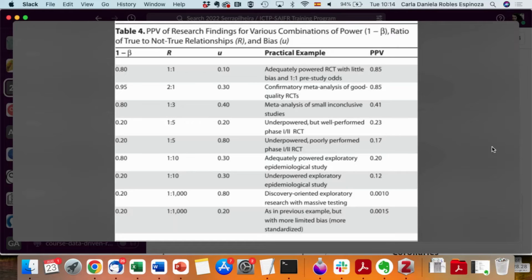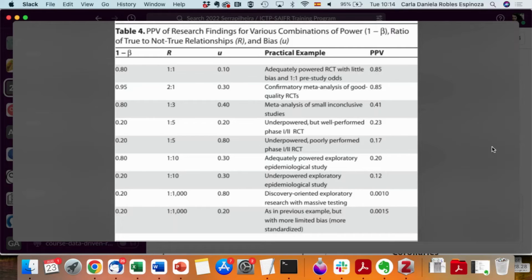In the case of the first one, it's a very well-conducted study that has no bias, and it has a 50% chance of being actually true before you start the study. The second one, he says that it's a meta-analysis. It has very similar parameters, but the meta-analysis, he says, increases the bias. But it's still, you get a good PPV value if the studies that you are actually reviewing in your meta-analysis are well conducted and everything.